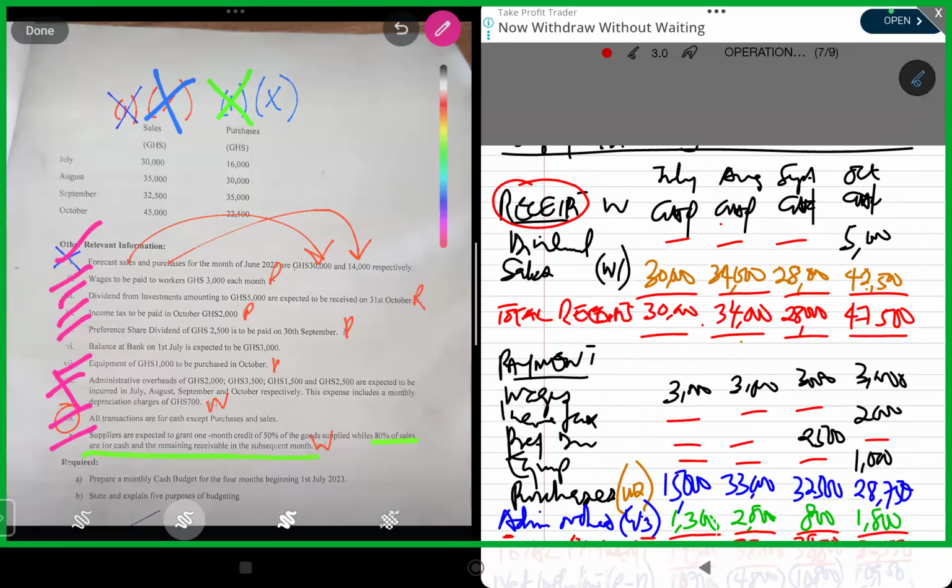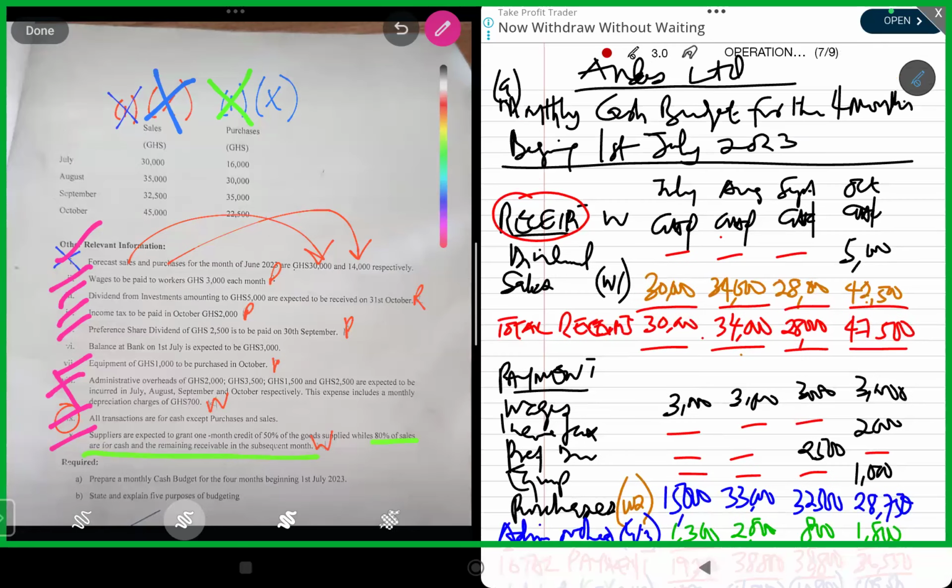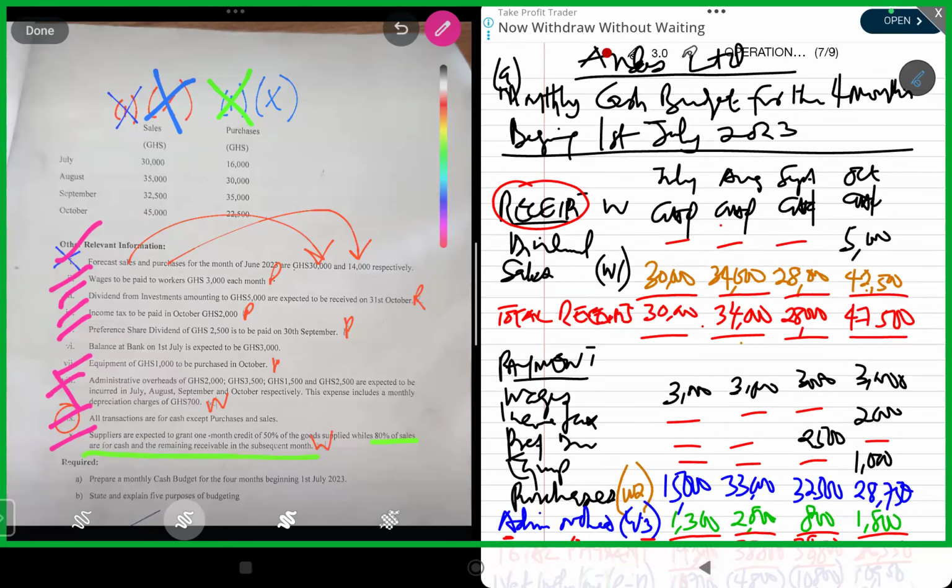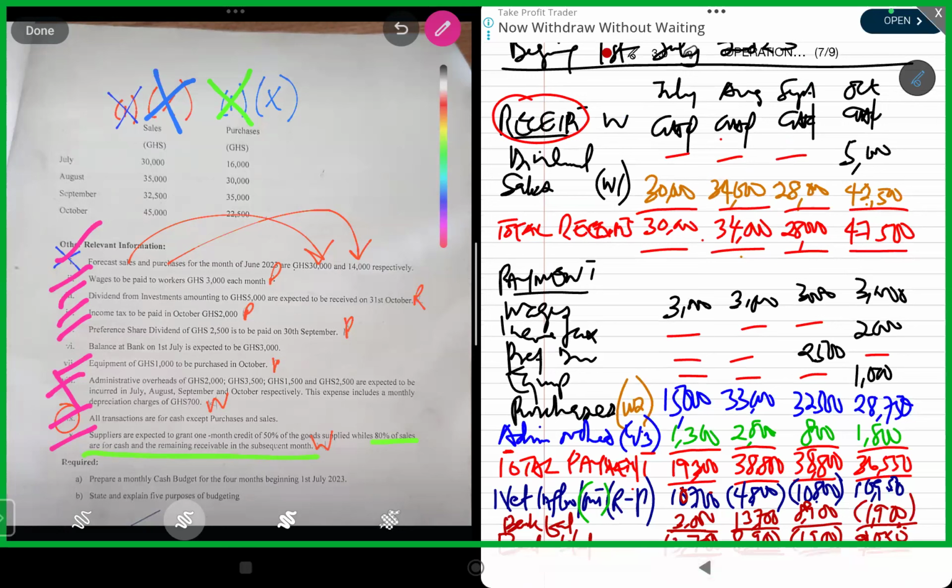And then when we finish, we add all the total receipts, add all the total payments, and then we find the net inflow or outflow. Over there, we can also write surplus or deficit. We can write surplus instead of net inflow. That is when the receipt is more than the payment, which gives us a positive figure.